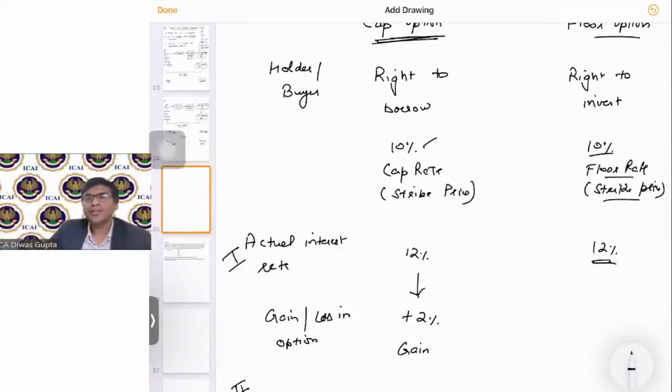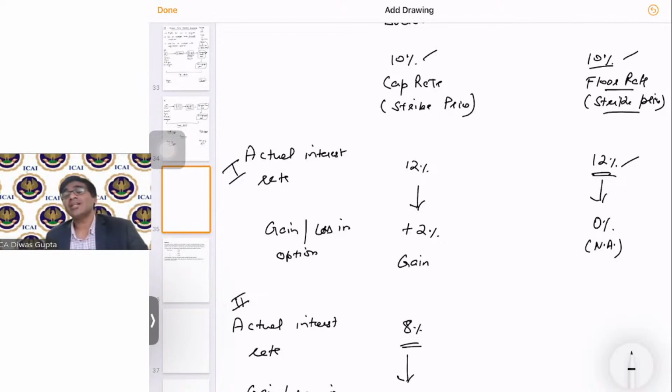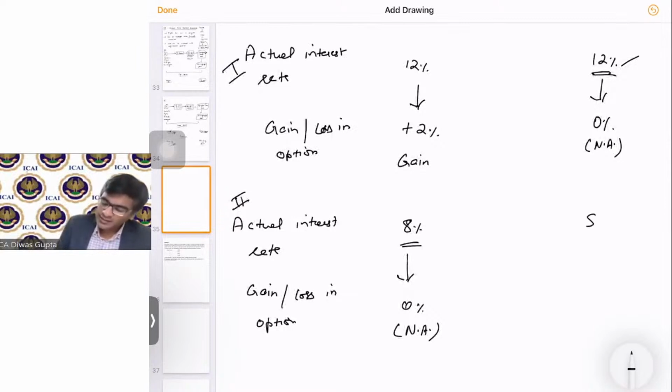The holder of the floor option will say that I have a right to invest at 10% under the contract, but the market is offering me 12% on my investments. So I will not do anything with this. Correct? Because I will just go to the market and invest at 12%. There is no obligation on me to compensate for 2% because it's not an obligation, it's a right. If the conditions are favorable, I will exercise. If it's not favorable, I will not exercise.